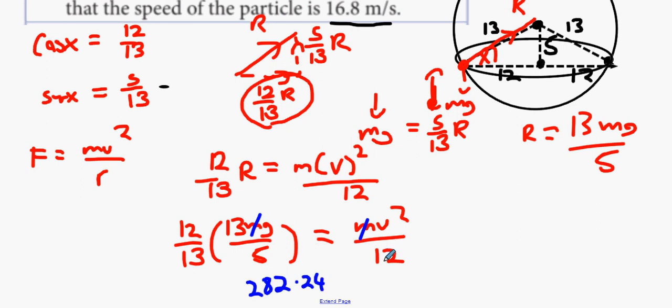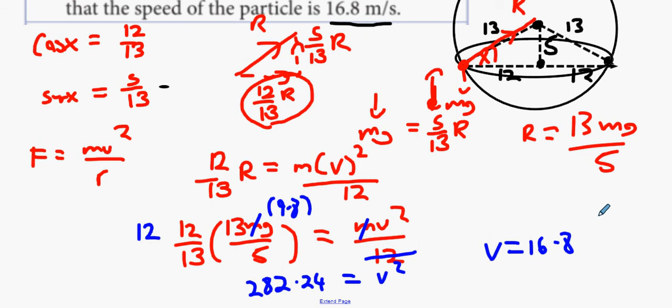So for those wondering what I did, I moved that 12 up here, multiplied it out, and subbed in gravity as 9.8, and I got 282.24. I'm going to square root that now, and I get 16.8. Is that okay with you guys? So that's 3.